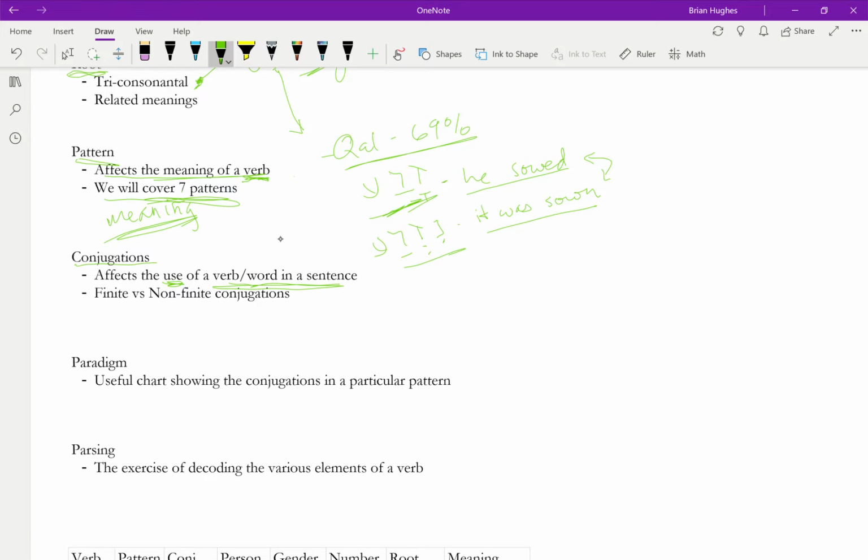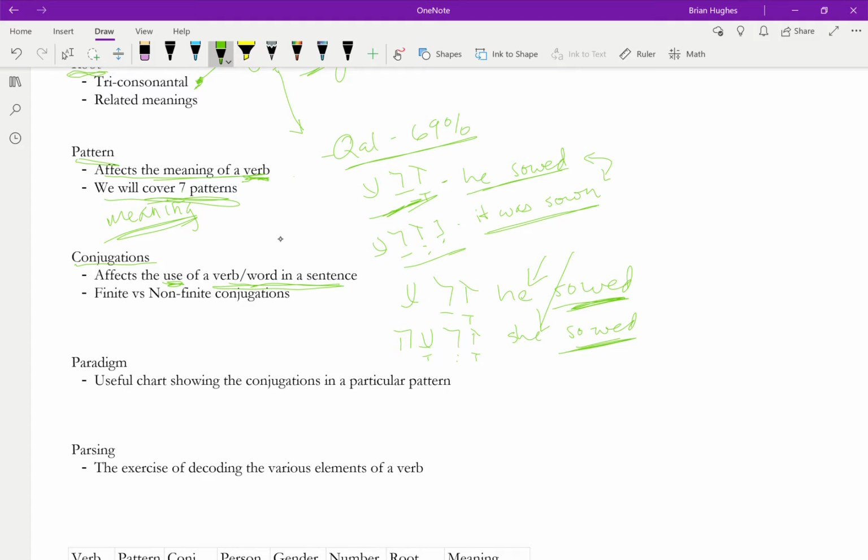So it's not the difference between he sowed and it was sown, but it's the difference between he sowed, which would be Zara, and she sowed, which would be Zarah. So here we have the same meaning. We're still talking about actively sowing seed, but we're changing the use.